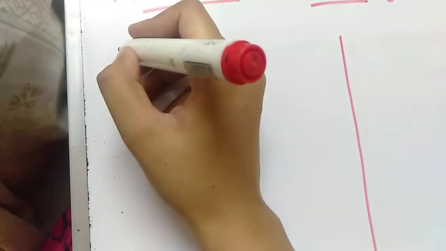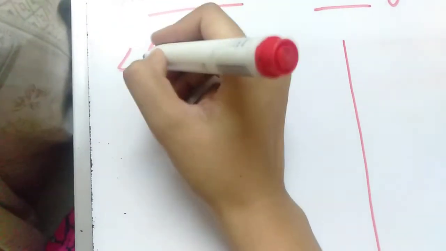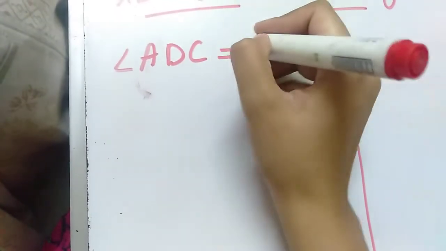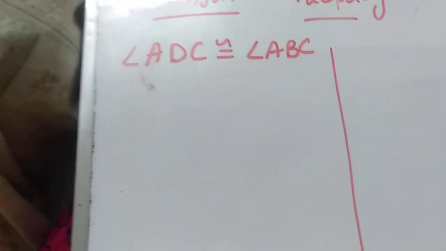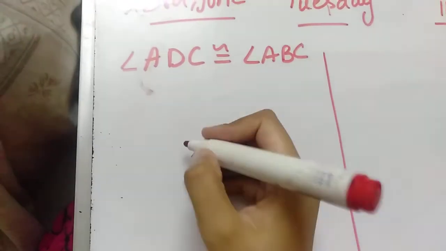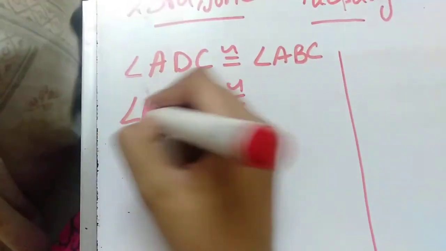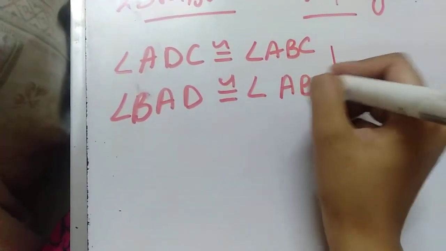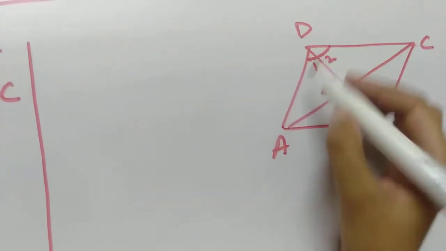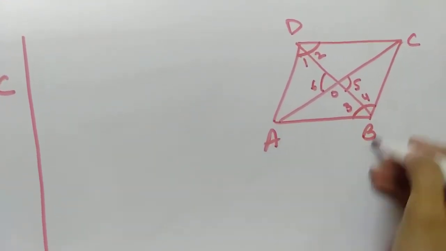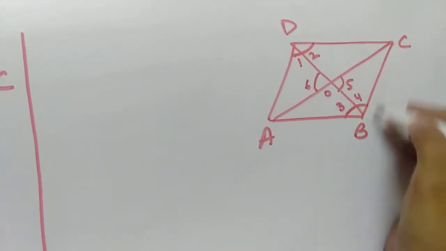Okay, we have proved that the measure of angle ADC is congruent to angle ABC. So similarly we can also write that angle BAD is congruent to angle ABC, because we have taken these angles and we have proved that ADC is congruent to ABC, because when we add the alternate angles, they make the whole angle.